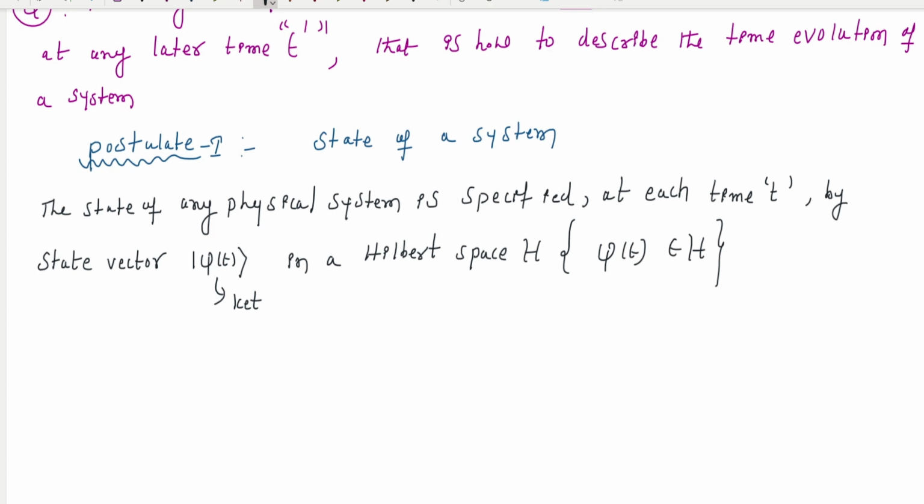So this wave function contains all the needed information about the system. Any superposition of a state vector is also a state vector.